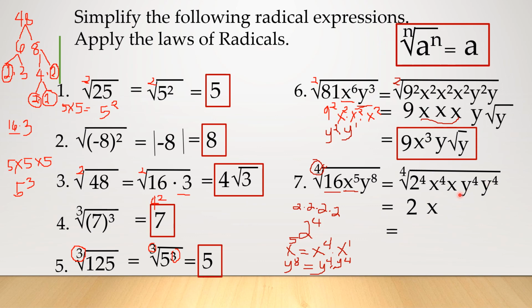The other x cannot be simplified, so proceed now to the y to the 4th, and that is y. Another y to the 4th, and that is y. Then inside the radical sign now is the 4th root of x. Now, I can write in exponential form y times y, that is y squared. So the final answer now is 2x y squared times the 4th root of x.